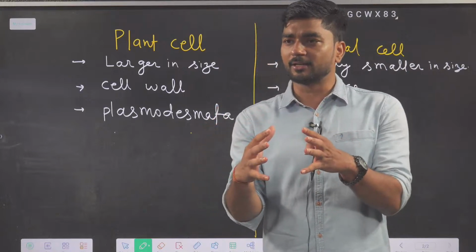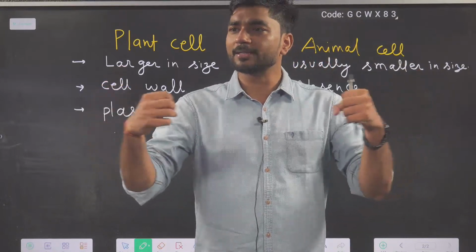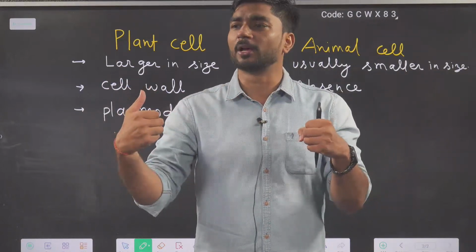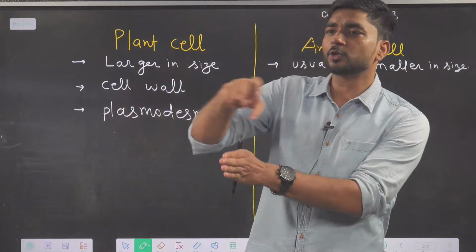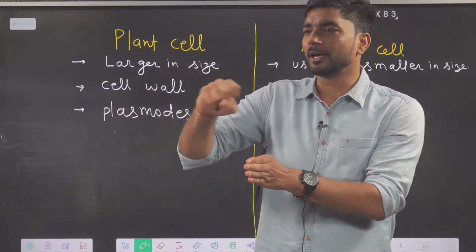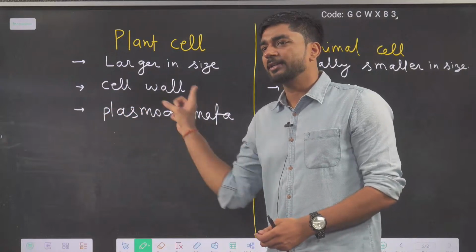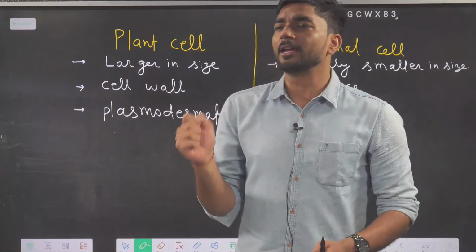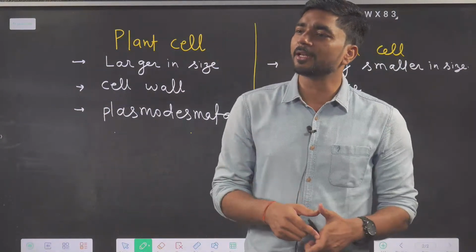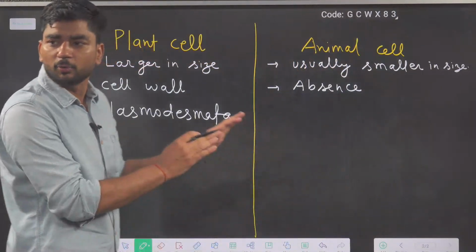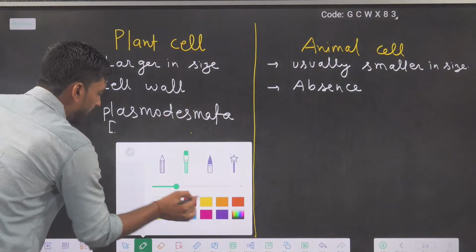Its main function is to connect two plant cells with the help of their cytoplasm. Like this is one plant cell and this one is the other plant cell, and these two plant cells are connected by this plasmodesmata. So can we say that plasmodesmata is a living connection? Or we can say it's nothing but a cytoplasmic connection. In other words, I am just writing, it's nothing but what type of connection?